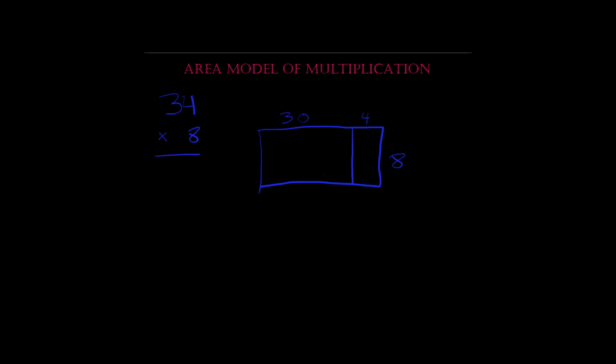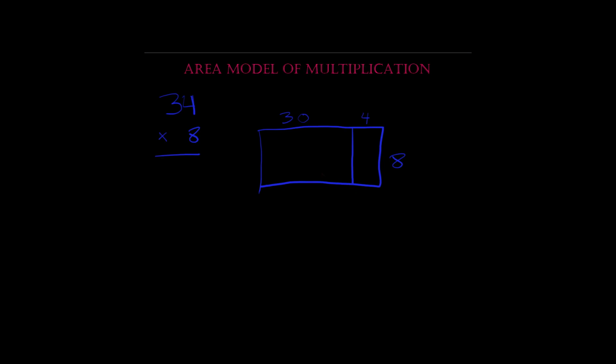So over on the left, to begin, we have the number 34 times 8. So we are going to set up our problem here by drawing a rectangle. And kind of like the lattice way, we're going to draw 30 and 4 to represent the tens, 30, and the ones column, 4.